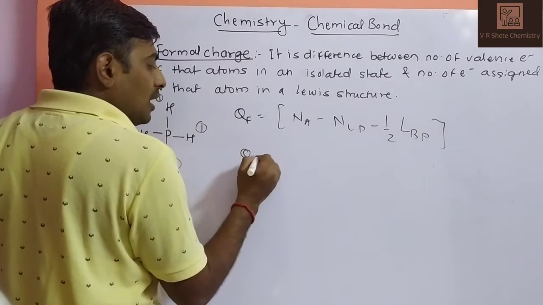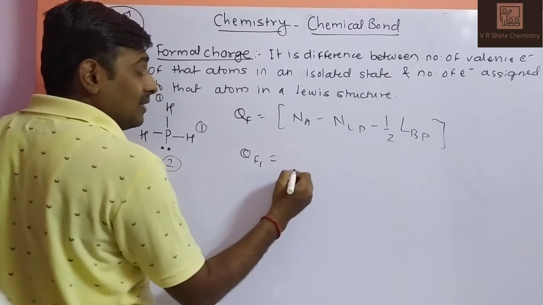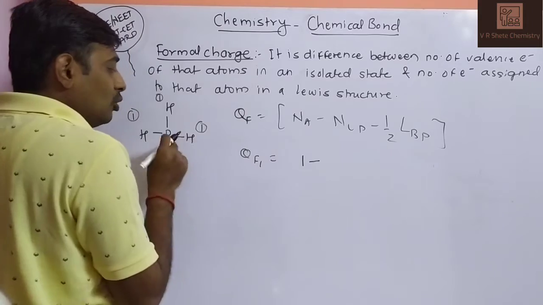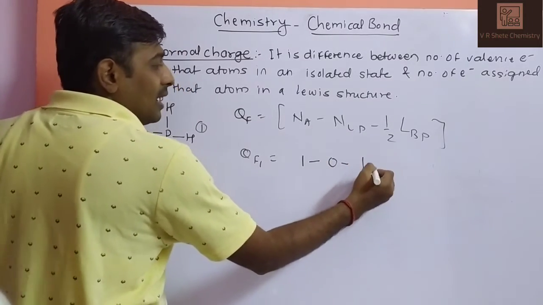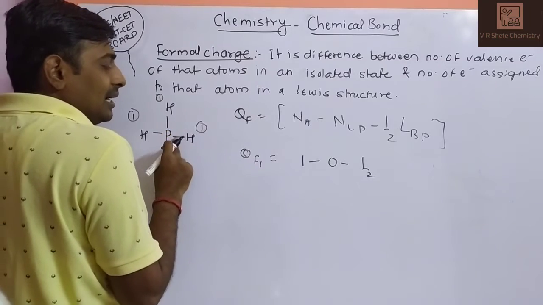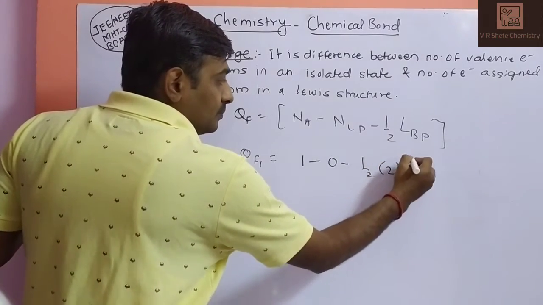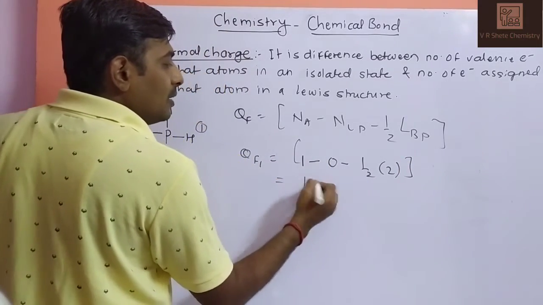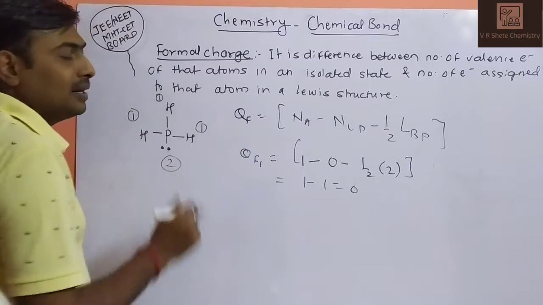So QF1 equals: for the hydrogen atom, valence electron is only 1. Is there any lone pair for this hydrogen? No, that is 0. 1/2 times the bond pair: one bond is there, which means 2 electrons. 1 minus 1 equals 0. So is there any charge on the hydrogen atom? No charge.